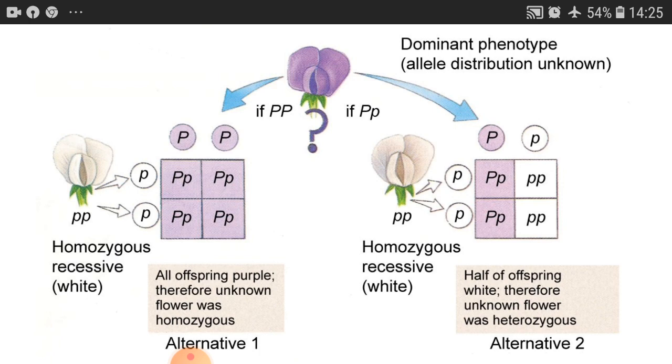Whereas if half the progeny is purple and half is white, that is 50-50 or 1:1, then we can say that it is what? Heterozygous. Now this heterozygosity or this 1:1 ratio shows that it is a test cross for determining the heterozygosity of the flower or whichever organism we took into consideration.